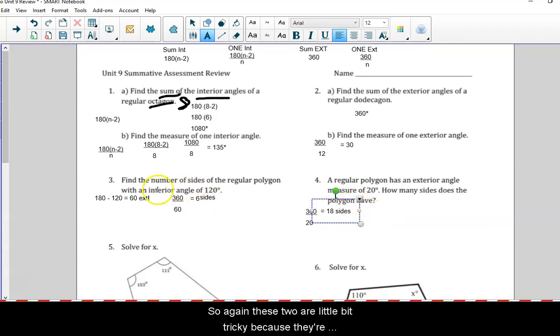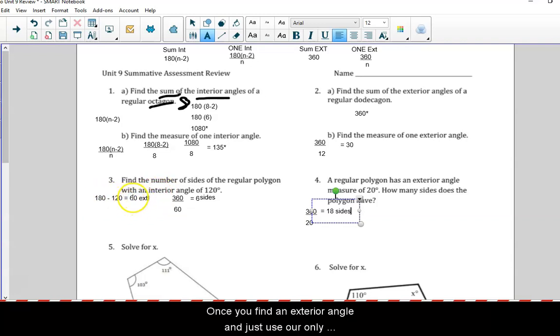Okay, so again, these two are a little bit tricky because they're asking you to work the problems backwards. If they're giving you an interior angle, that's probably the trickiest one. Just find the exterior angle. They're giving you the interior, find the exterior. 180 minus 120 equals 60. Remember, the exterior plus the interior equals 180, so we're kind of working that backwards.